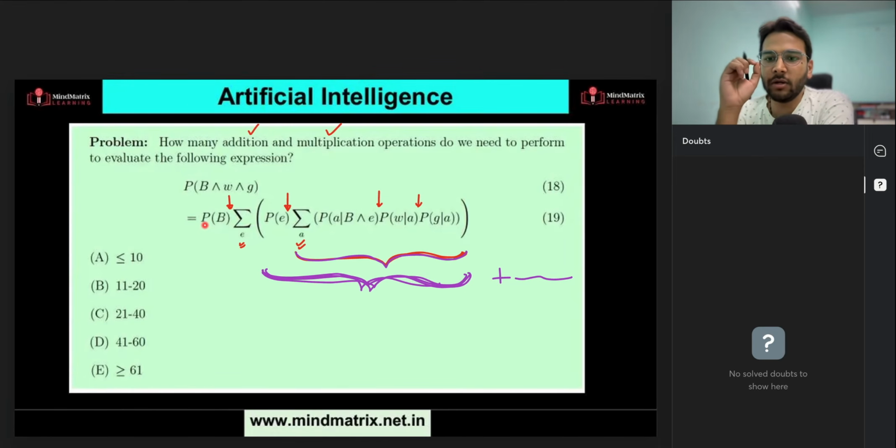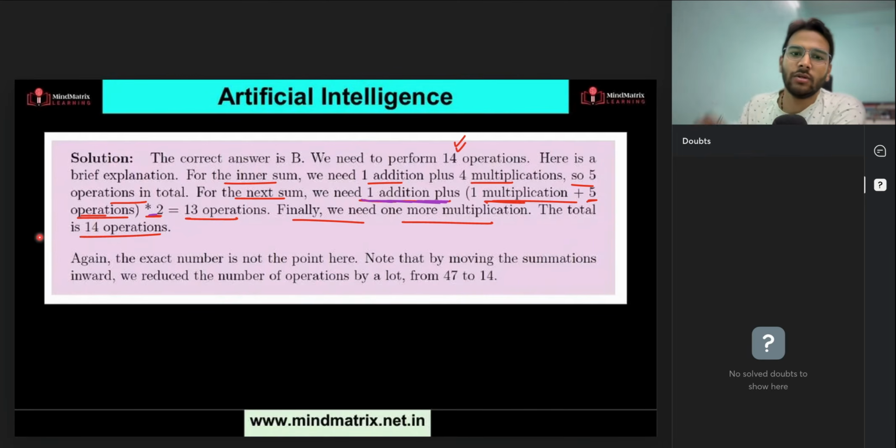Are you getting this point or not? This is the actual thing that you can observe here. Why we are using this? Because it helps us to answer the query more efficiently by reducing the number of additions and multiplication operations, right? So that is the reason you can see the number of operations have been reduced from 47 to 14.